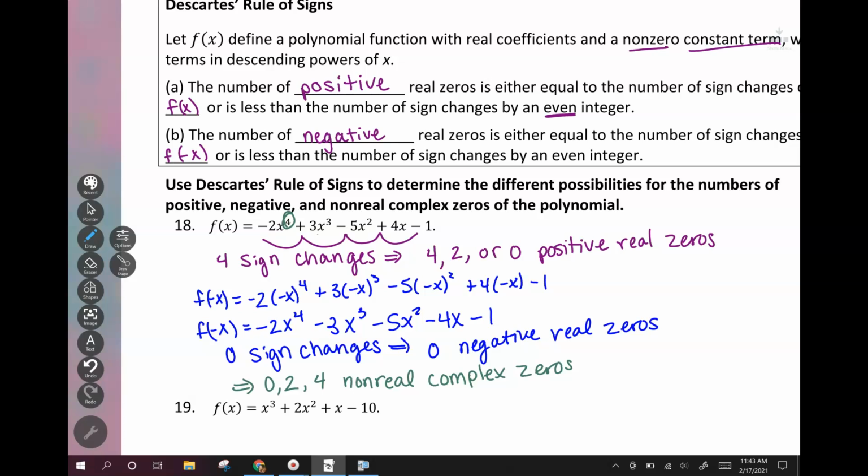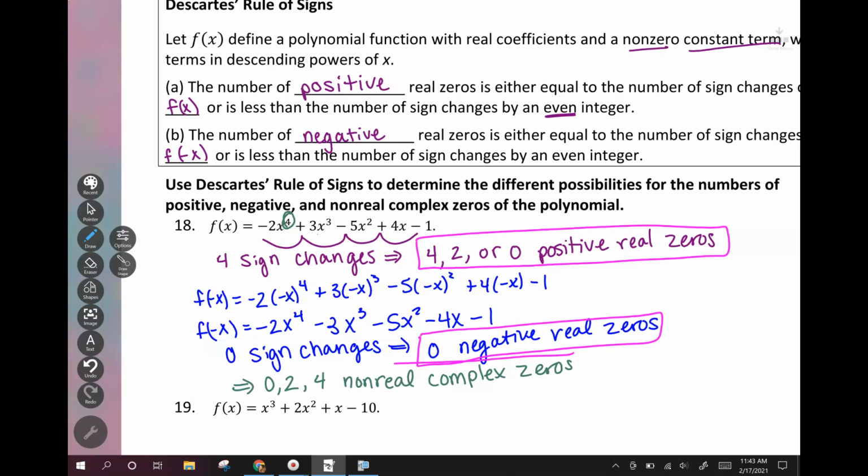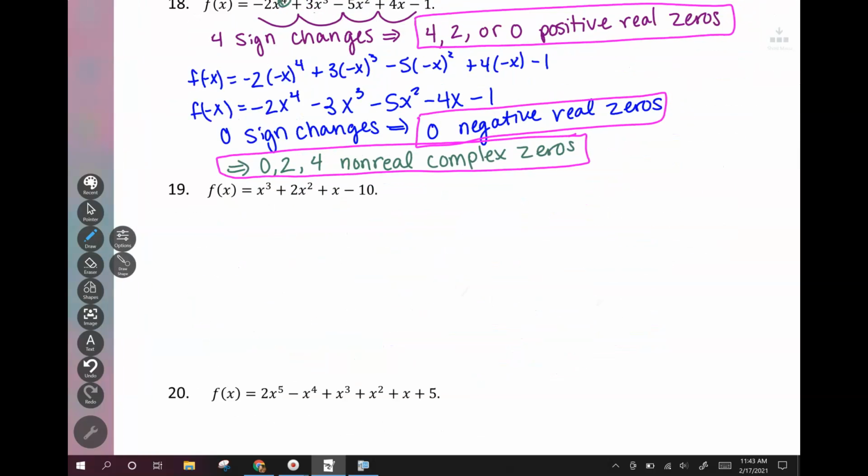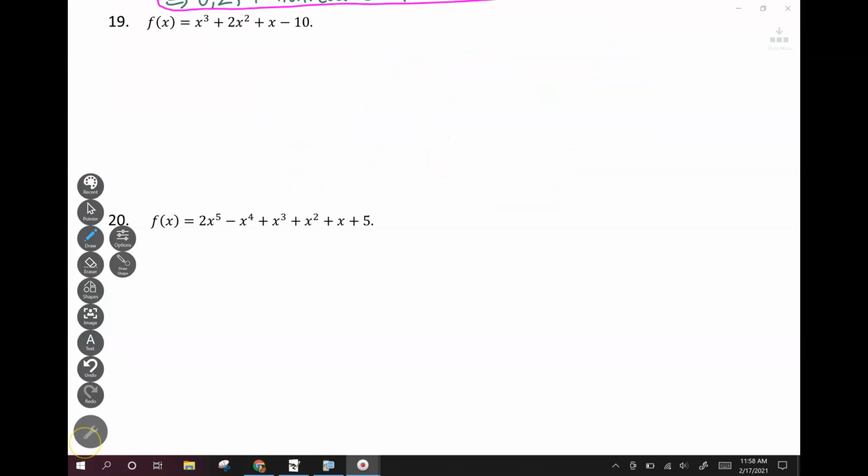So those are our possibilities for each case.